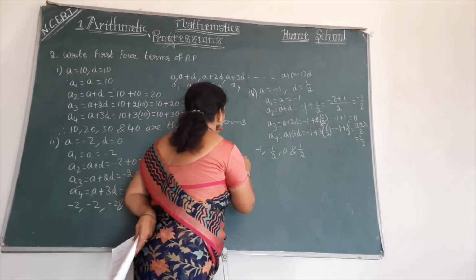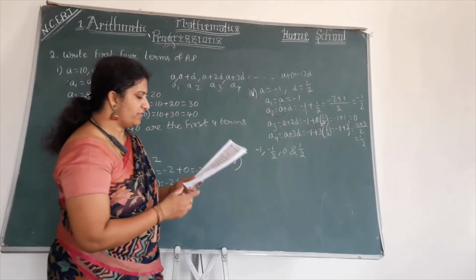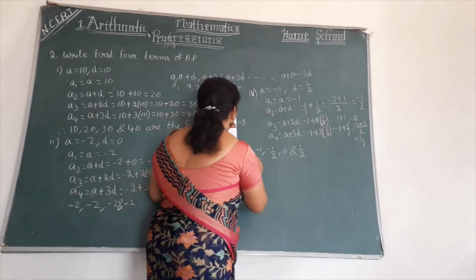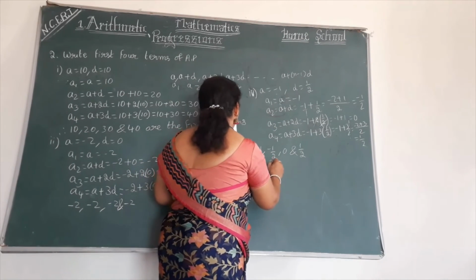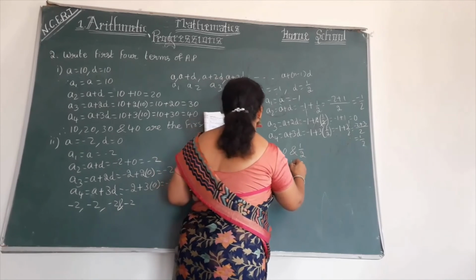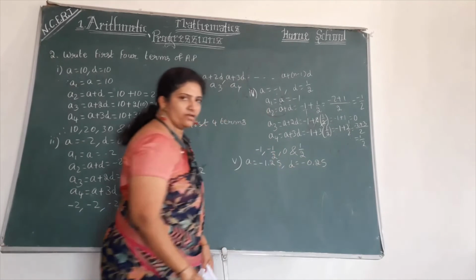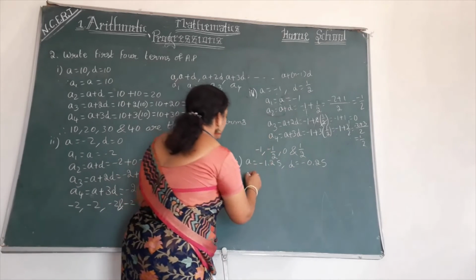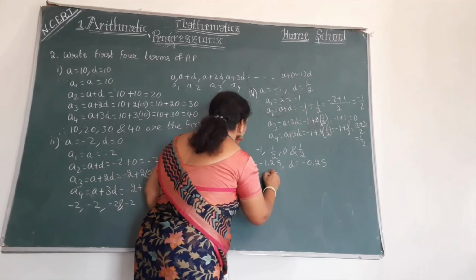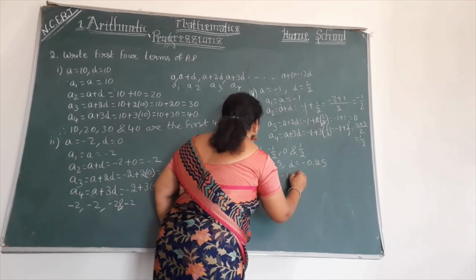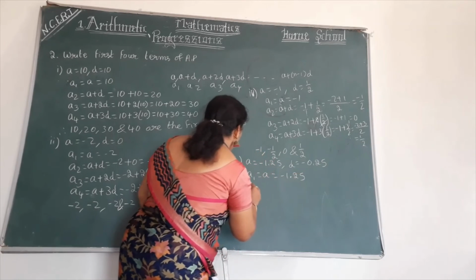So your fifth question. What's your fifth question here? A is equal to -1.25, D is equal to -0.25. Okay. So here, same manner. A1 is equal to -1.25.